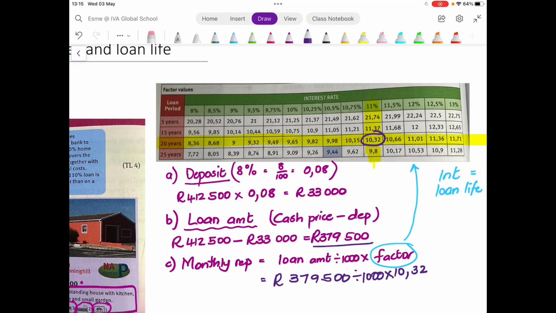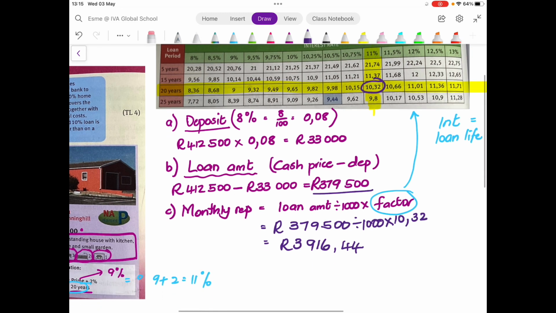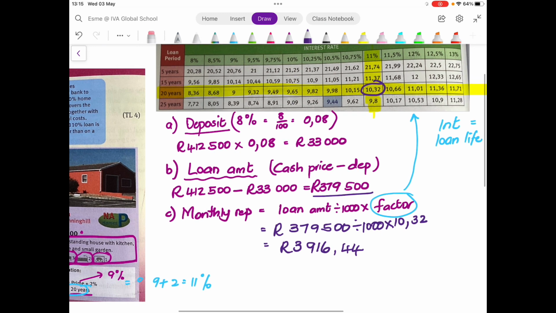And remember, factor is just a number. And if I do that calculation, I am going to get a monthly repayment of 3,916 Rand and 44 cents. Right, so that's what I'm going to be paying every month.